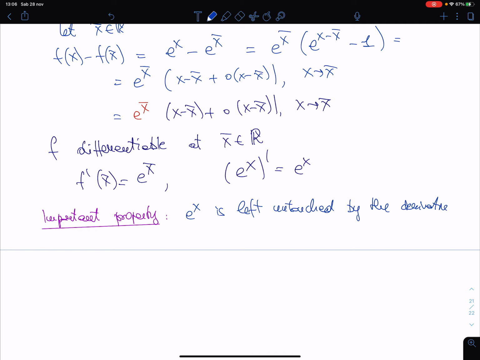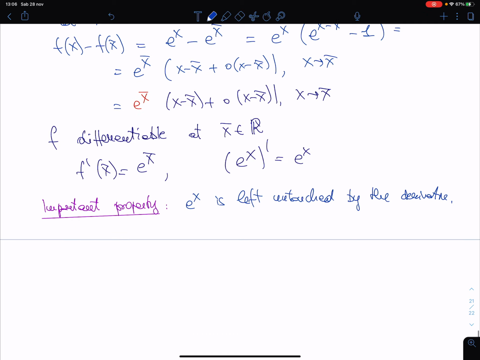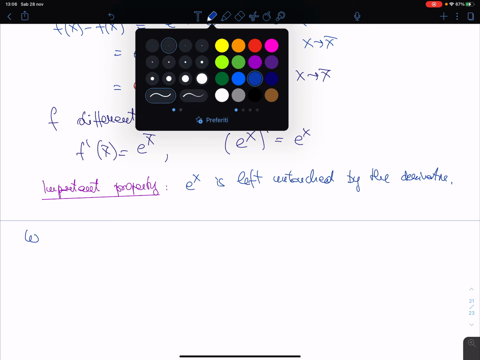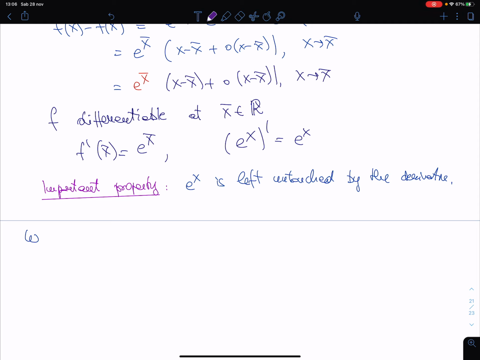And now the question can be, what about non-differentiability points? So some points of non-differentiability.